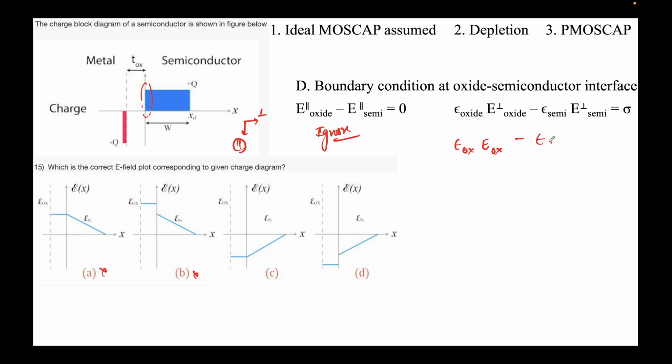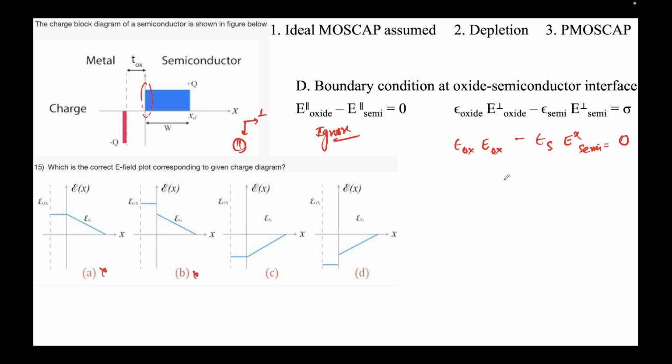minus epsilon of semiconductor times Ex in semiconductor. This should again be equal to some charge, sigma. You don't see any surface charge here, so this is equal to 0.